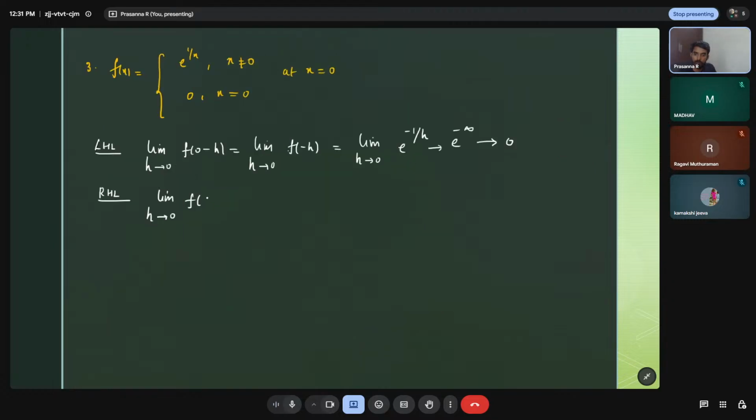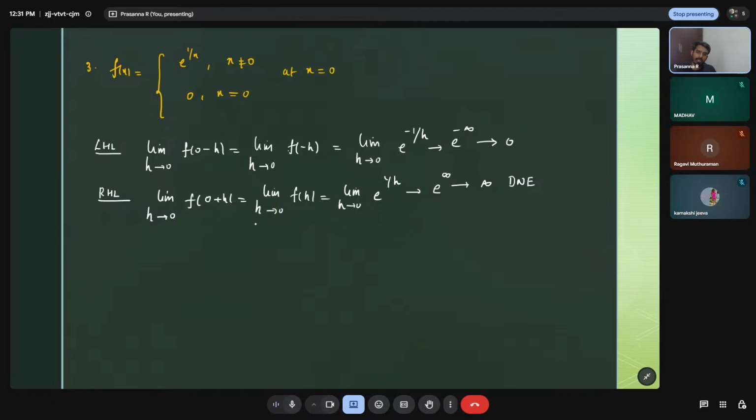So this is f of 0 plus h, f of h, f of e power 1 by h. This will tend to e power infinity. This will tend to infinity. This does not exist, right? Does not exist.